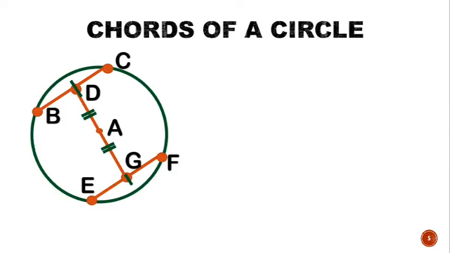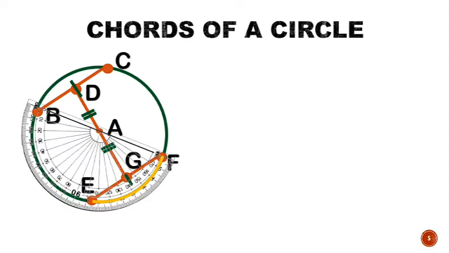Now, another concept related to chords is that meron silang subtended arc. Ito yun. Let's try measuring that. That's arc EF, and that's 10, 20, 30, 40, 50, 60, 75 degrees.